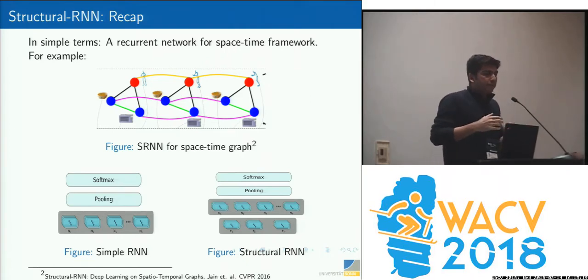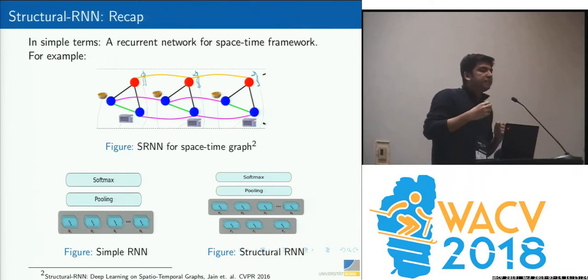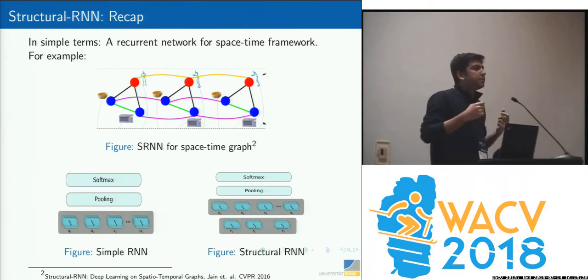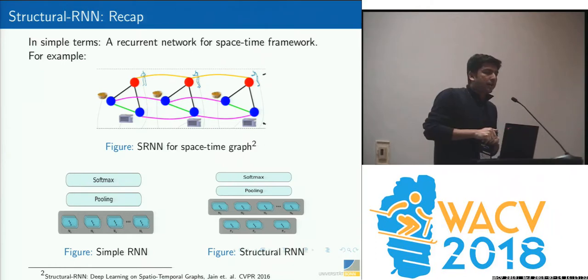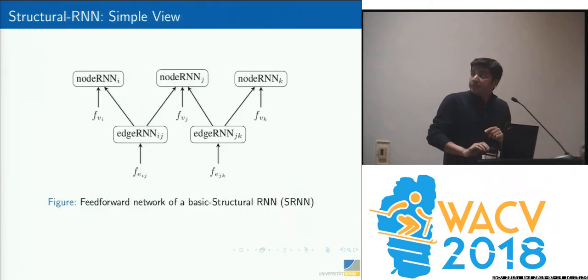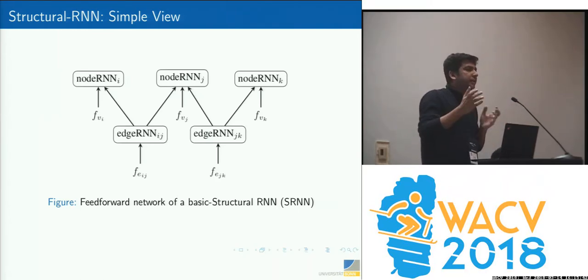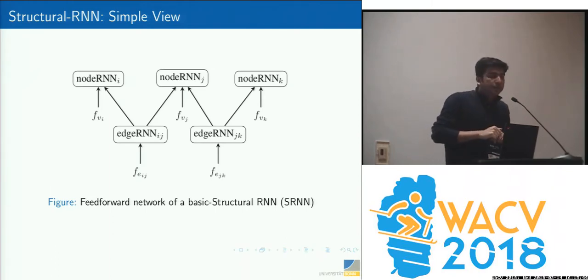In the whole scenario, each node performs one single action, and each node is affected by the other nodes. That can be captured by this structural RNN. It can be explained this way: each node is one kind of information, and the edge captures what kind of interaction is happening between two nodes.